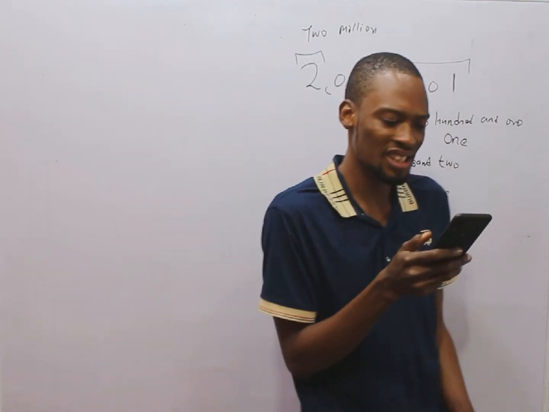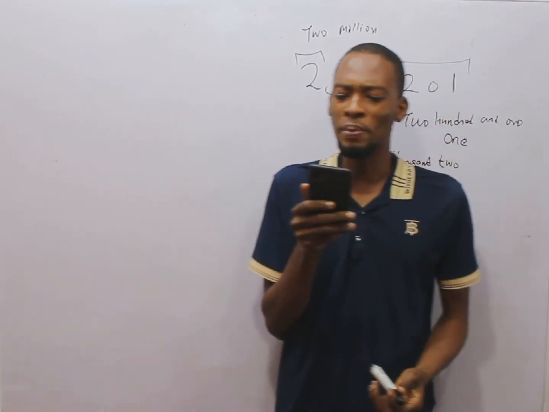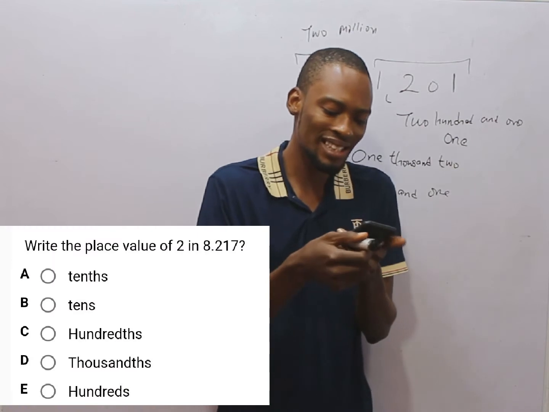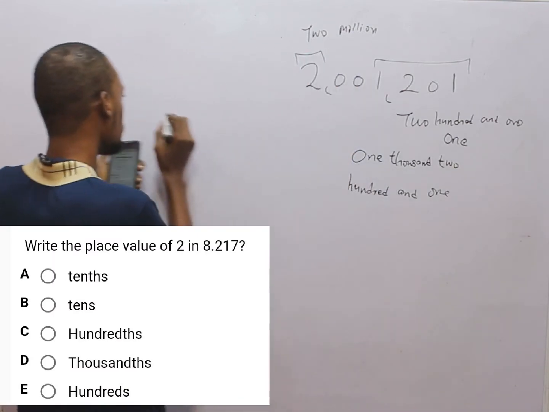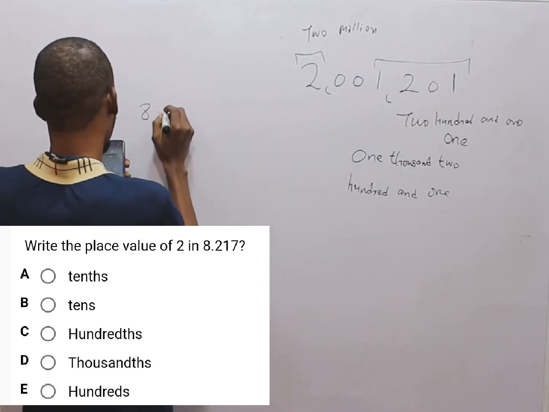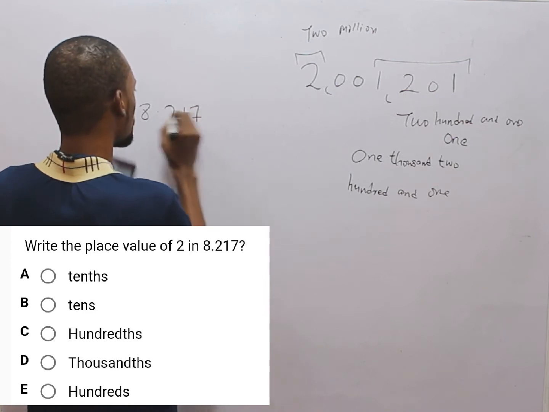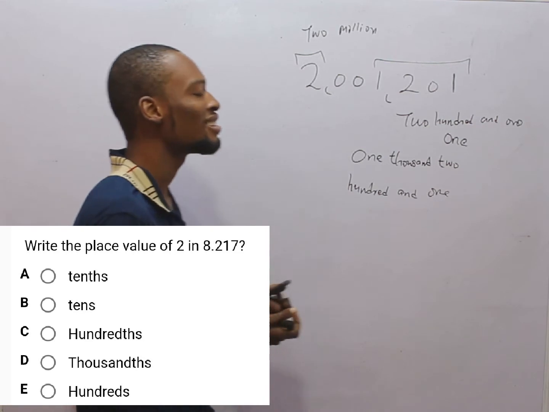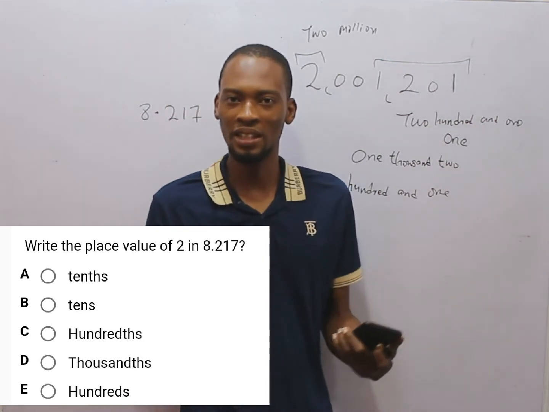Then the next question says, write the place value of 2 in 8.217. The place value. Let me use this opportunity to explain place value.